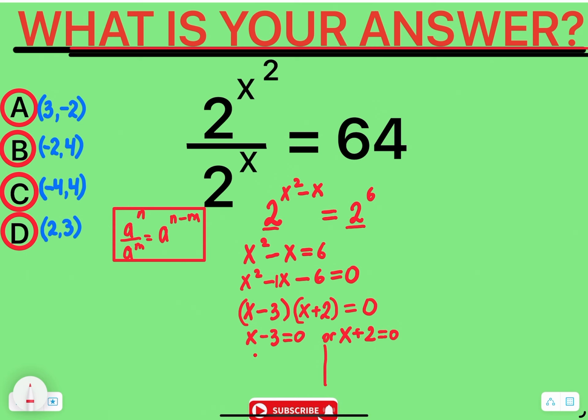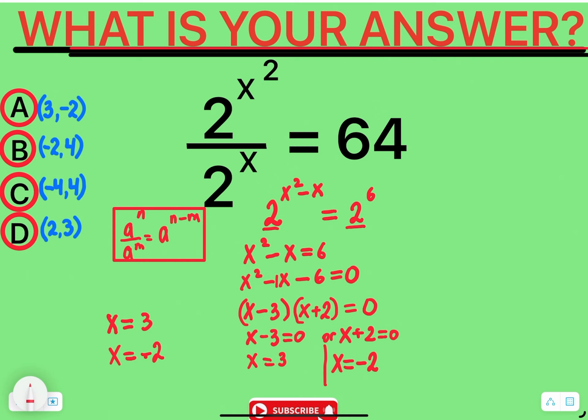Now we will take 3 to the other side. x equals, if 3 comes to this side, it will change the sign and become positive 3. And here, x equals, if 2 comes to this side, it will become negative 2. So the answers for this equation are x equals 3 and x equals negative 2.